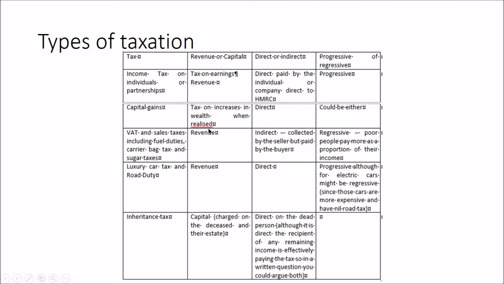Capital gains, so that's a gain on wealth when it's realised. So that's a capital tax. Direct, so direct on the individual. Progressive or regressive? Well, questionable, this one. Theoretically progressive, but structures can be put in place that actually make them regressive. I gave the example of the celebrity putting their image rights income through a company and then collapsing the company, gaining capital, paying capital gains rather than income tax.